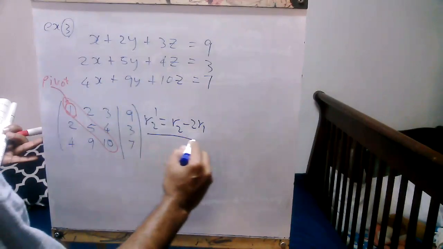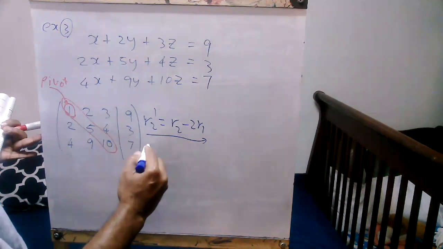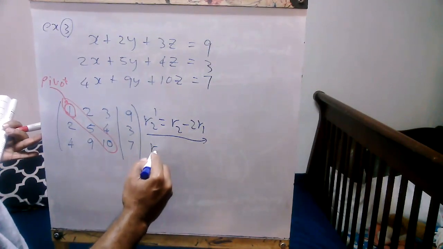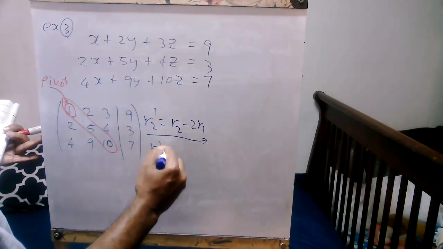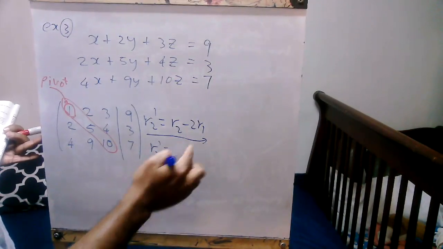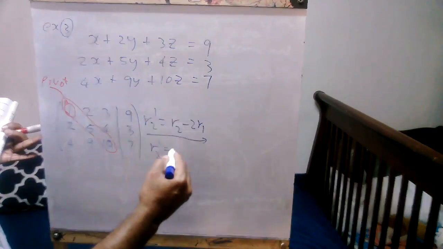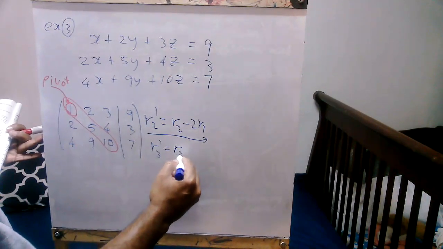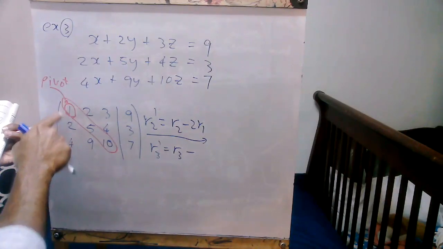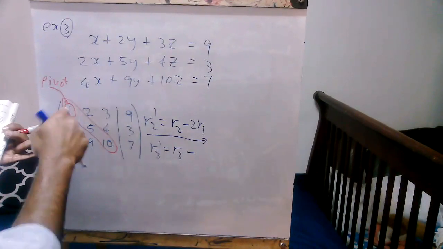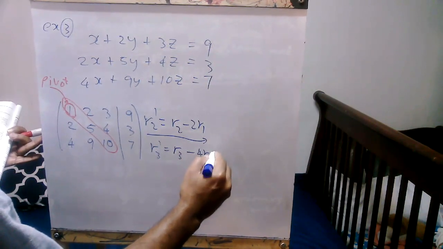And to make this 0, the third row prime equals R3 minus 4 times R1. 4 minus 4 times 1 is 0.